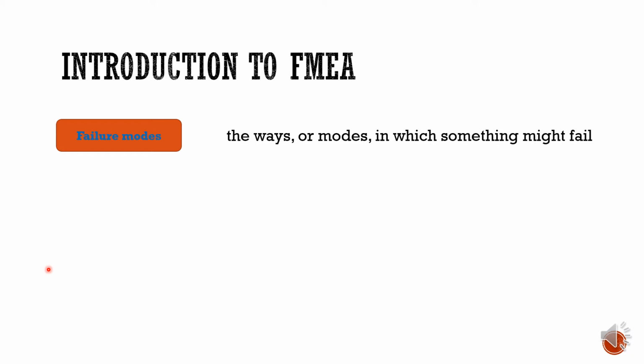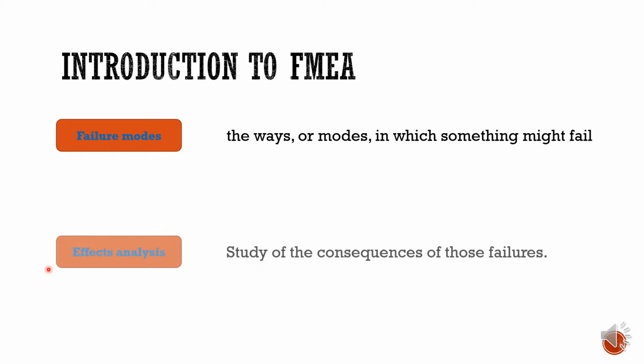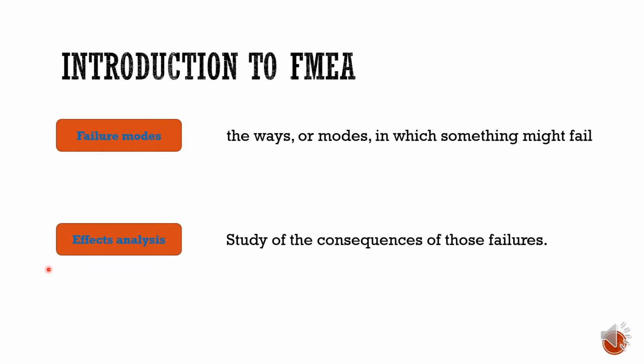Failures can be any errors or defects, especially ones that affect the product quality. Effects are the ways that these failures can lead to waste, defect, or harmful outcomes for the customer. And the second term, effect analysis, refers to the process of studying the consequences of those failures. So these are the two terms that define FMEA.